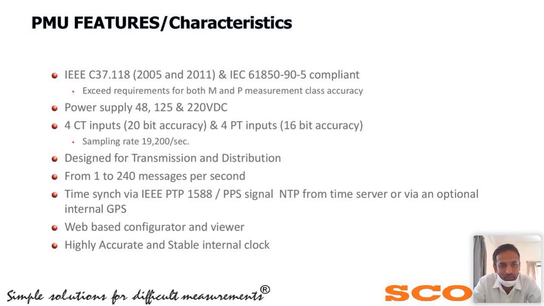And you have the option of 48, 135, 125, or 220 volts DC powering up the PMU, and 4 CT inputs with 20-bit accuracy and 4 PT inputs. The PT accuracy is a little bit lesser, 16-bit accuracy. The sampling rate is the highest in the market, 19,200 samples per second.